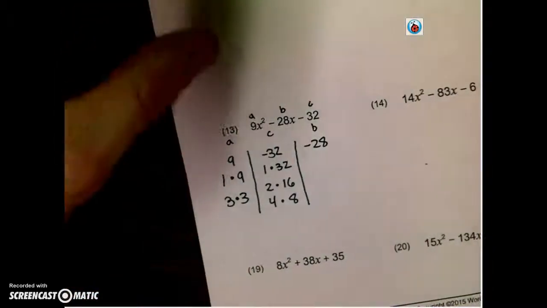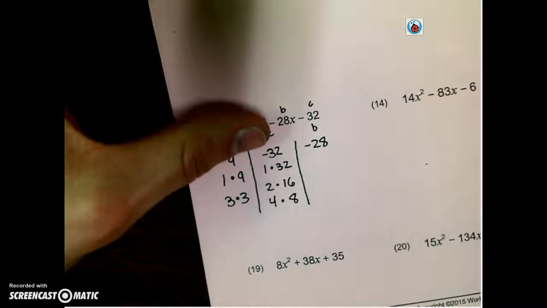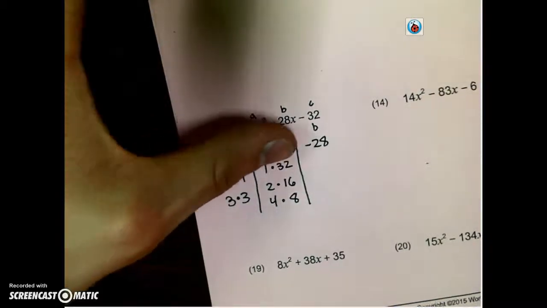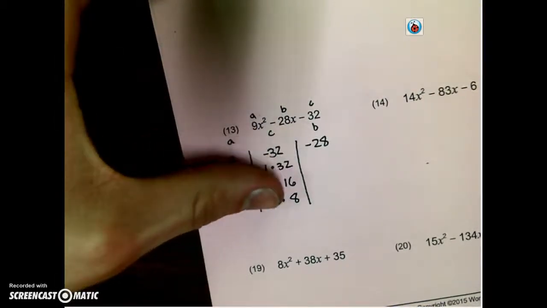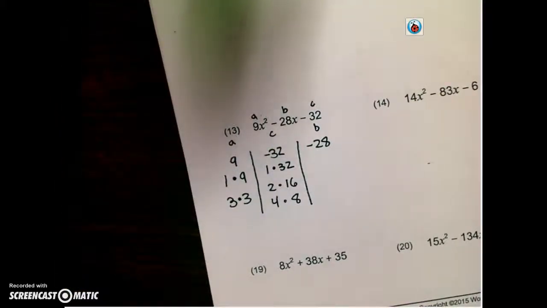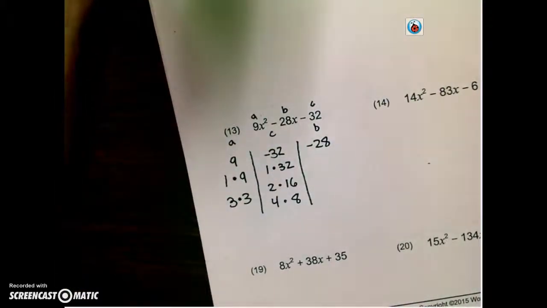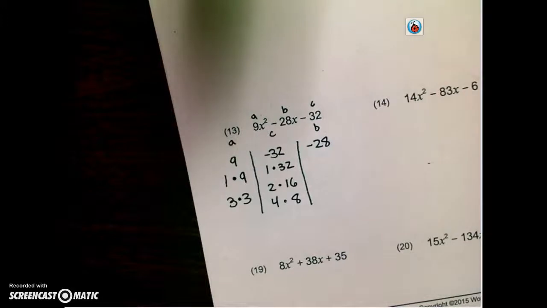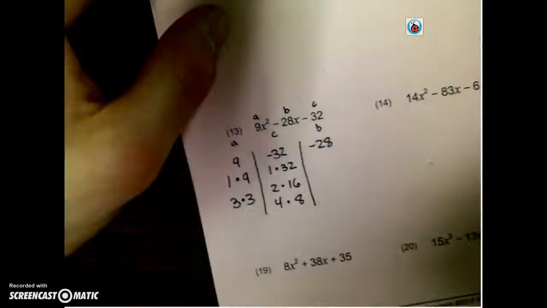Alright, now in our C column here, notice how we need a negative 32, which means I'm going to need one of the terms on each case to be a negative, right? It can't be both because two negatives would turn positive. So I usually denote this by putting a negative sign over top of our multiplication. Lets me know that one of them will be negative.